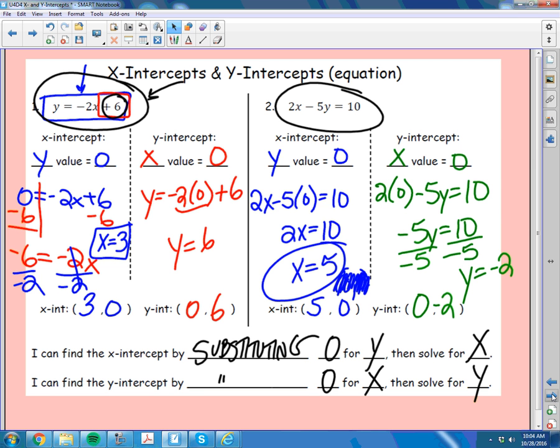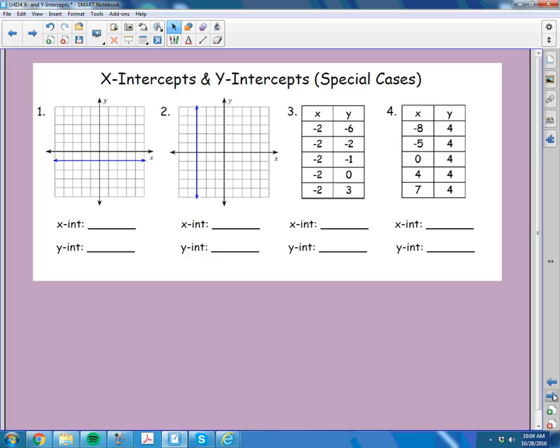So, here we go. X and y-intercept, special cases. The x-intercept is where it crosses the x-axis, the y-intercept is where it crosses the y-axis. On a horizontal line, where does it cross the x-axis?